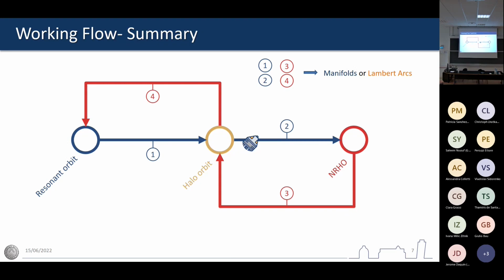Then it will transfer to the near rectilinear halo orbit. And once the rendezvous, docking and transfer of material is done, the spacecraft must return to the intermediate orbit and then to the resonant orbit. This is the goal of the study.